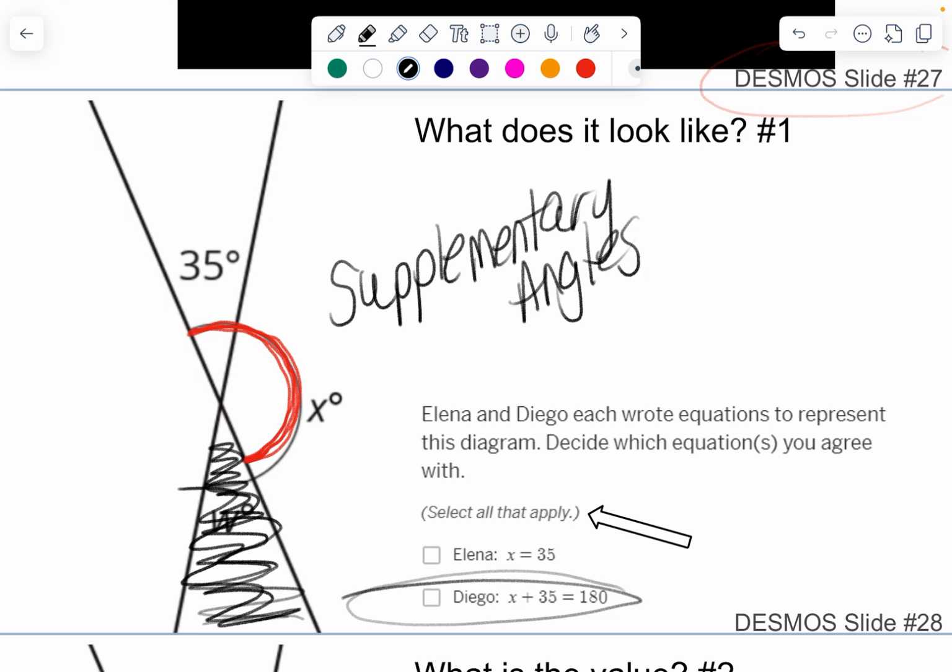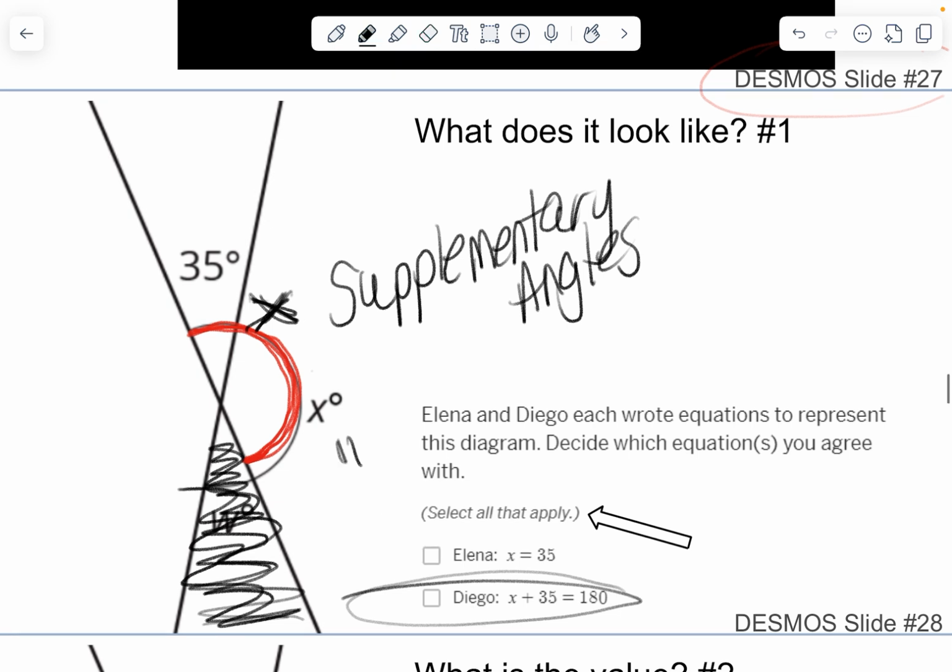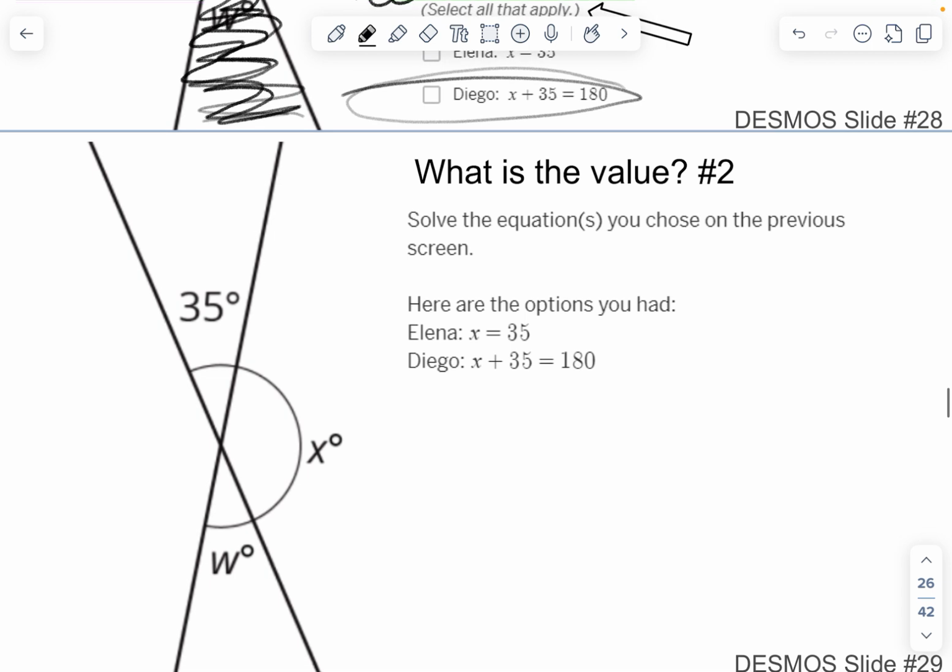So Diego says that angle X plus angle 35 is going to equal 180 degrees. Now it just wants to know what is the value.